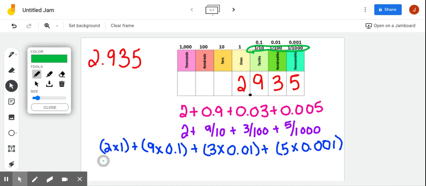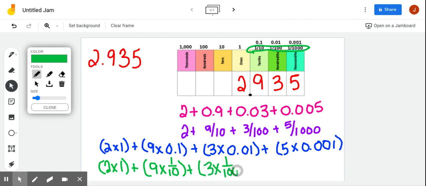So I'm going to do 2 times the ones place plus 9 times the tenths place plus the 3 is in the hundredths place, so I'm just going to do 3 times a hundredth plus a 5 in the thousands place, so I'm going to do 5 times 1,000.